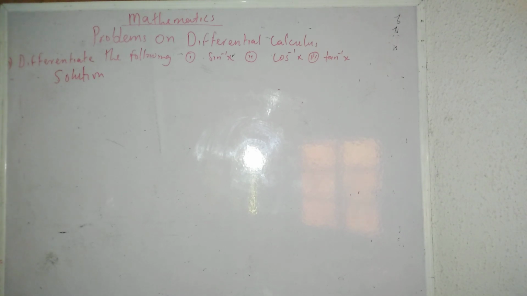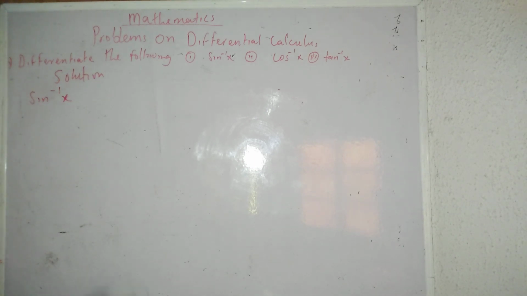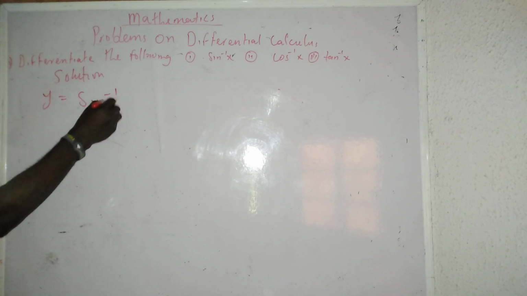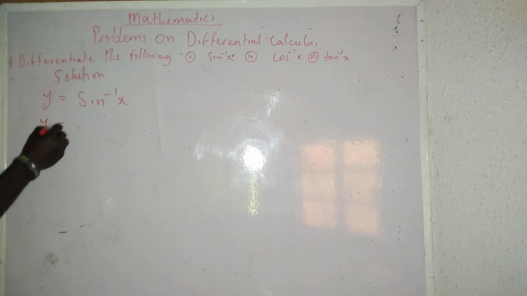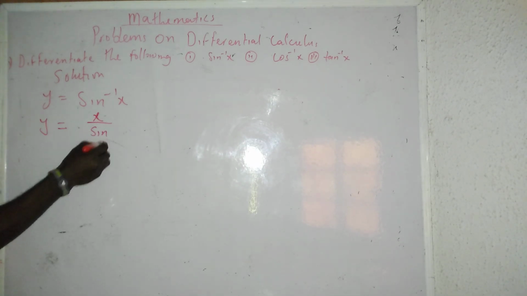Now, I have sine inverse of x. Now, I can easily write this as y equals sine inverse of x. I can also say that y equals x all over sine.